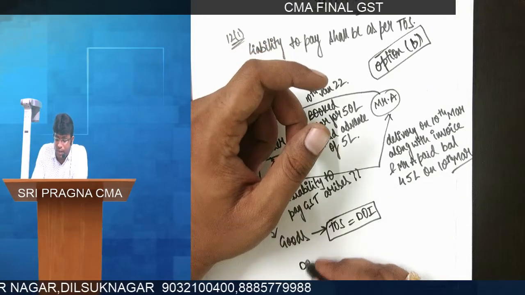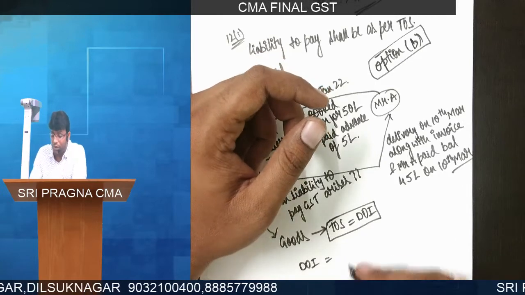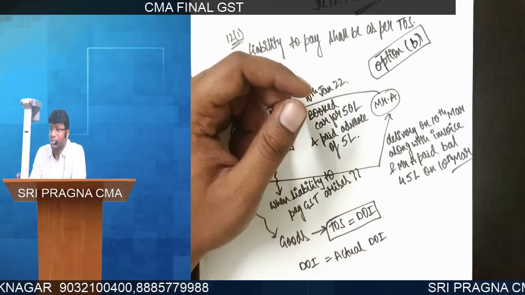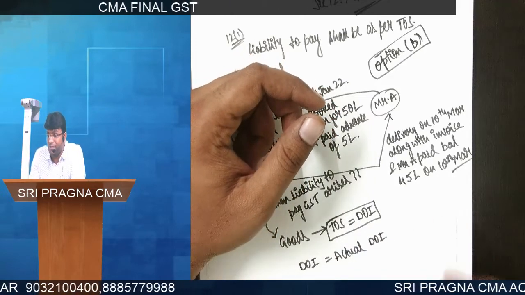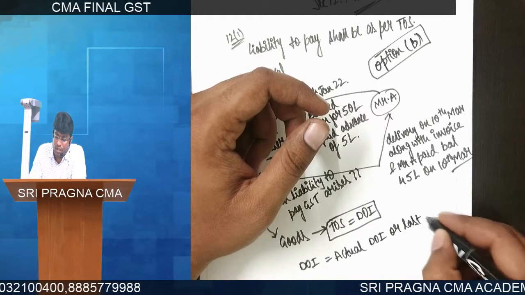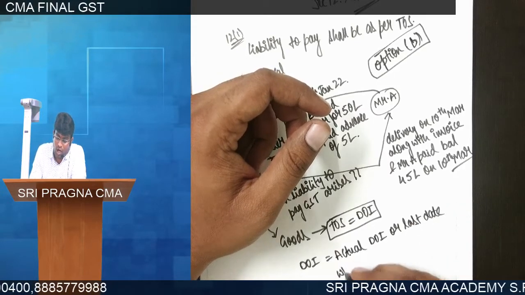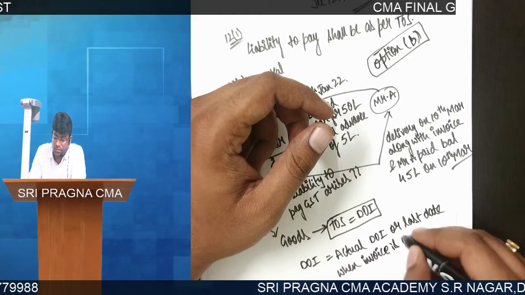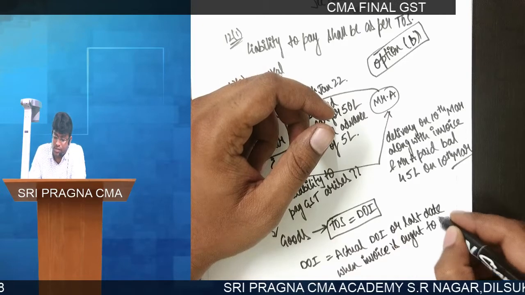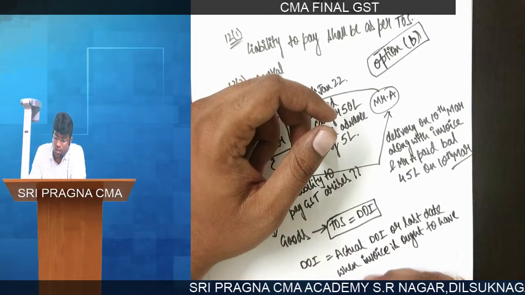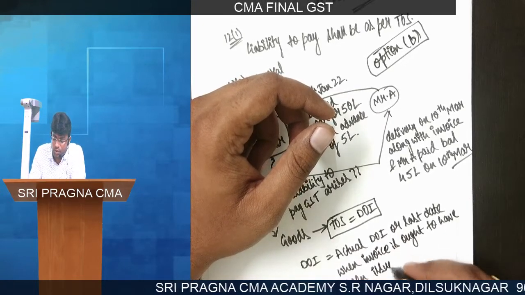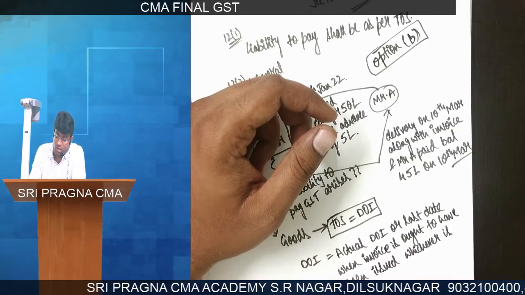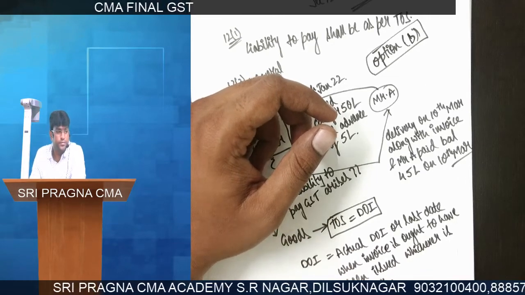And what is the meaning of this word, date of invoice? Date of invoice means actual date of invoice, that means actually when invoice is given. Actual date of invoice, or last date when invoices ought to have been issued, whichever is earlier.